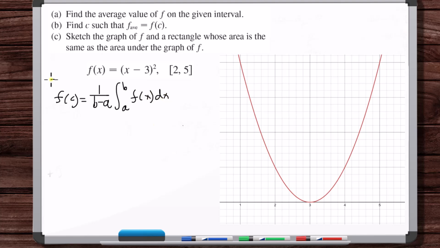And so all the geometric interpretation is saying is that if we multiply this by b minus a, then what are we left with? We've got f of c times b minus a is equal to the integral of f from a to b.